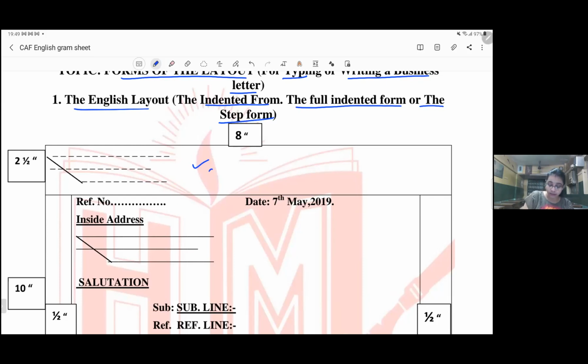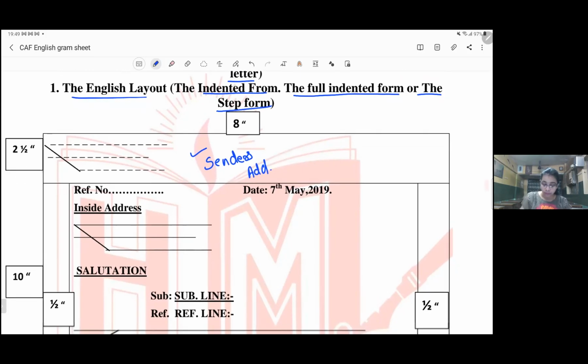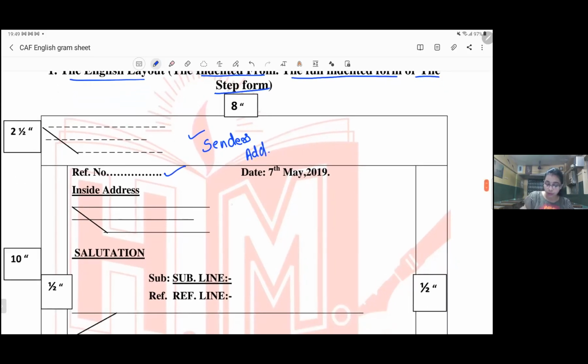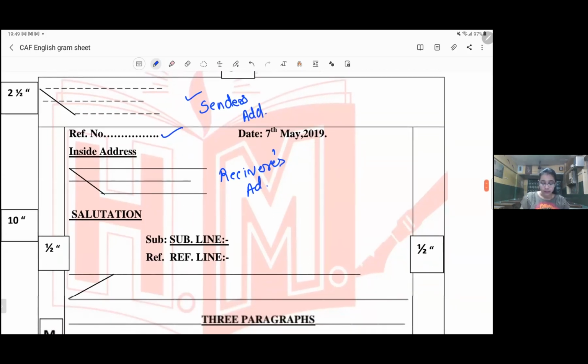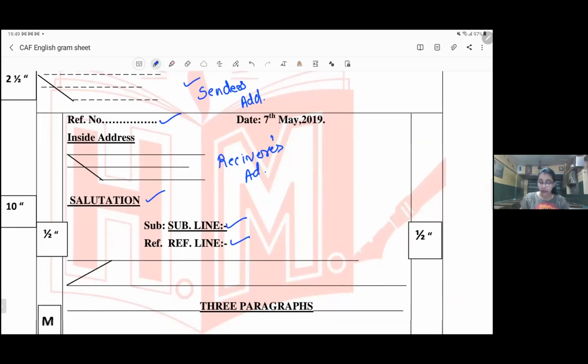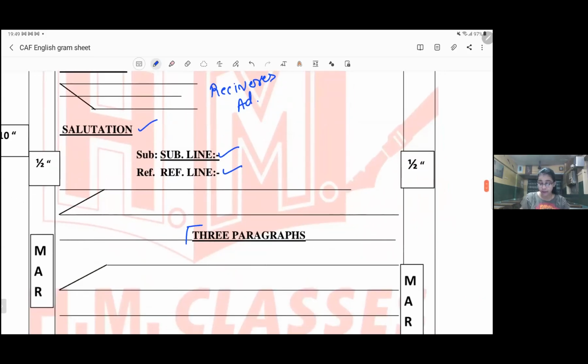Sender's address. Clear? Reference number, this will be the receiver's. Salutation, subject line, reference line, three paragraphs.